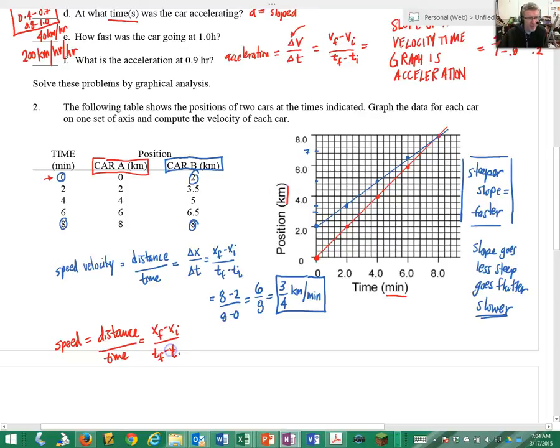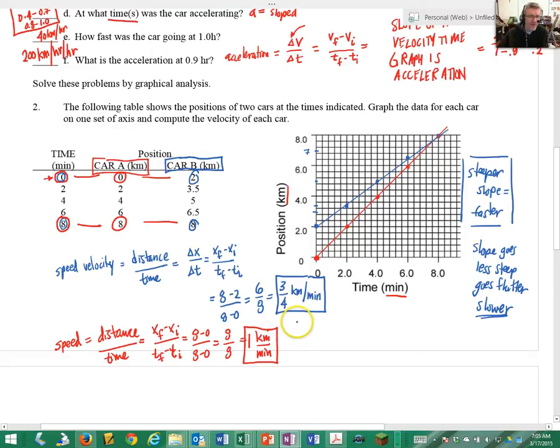If I pick these 2 points again, 8 minus 0 all over 8 minus 0. Same thing for the time. I picked the same points to figure out the speed. It's okay as long as you keep these points together in your calculation, right? 8 over 8 is 1 kilometer per minute.